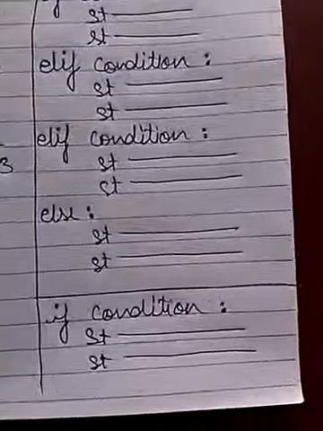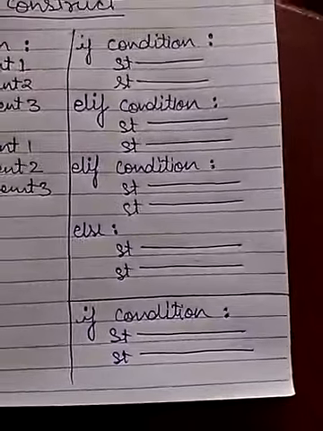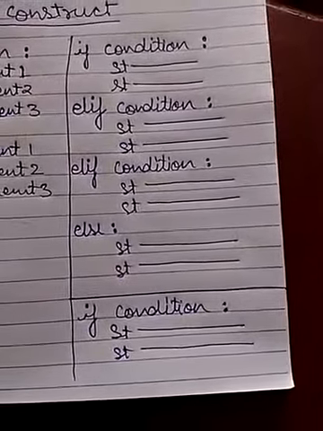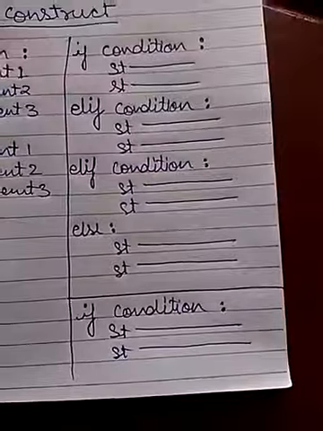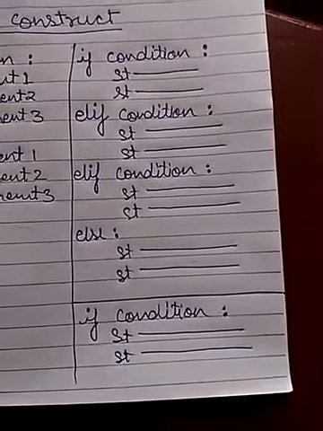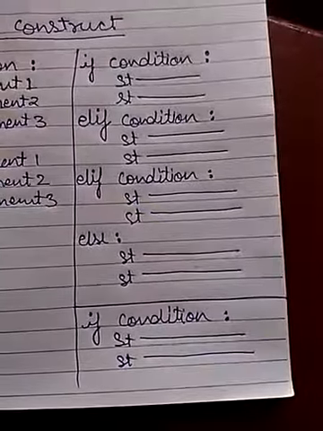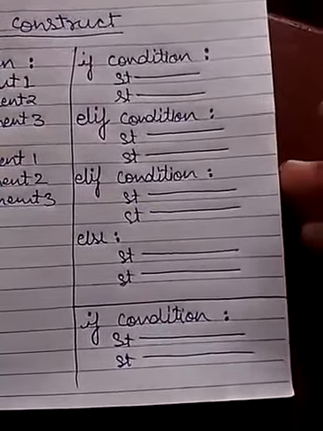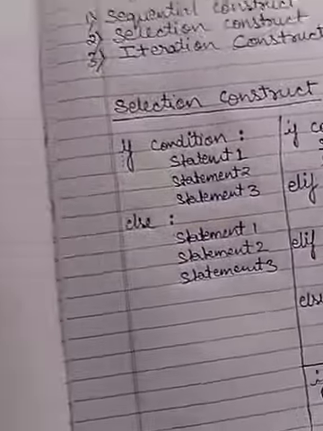Means it is not mandatory to write the else part with each question. Else part is only required when you want to perform some work by default if condition is not satisfied. Now we implement this concept in a question.